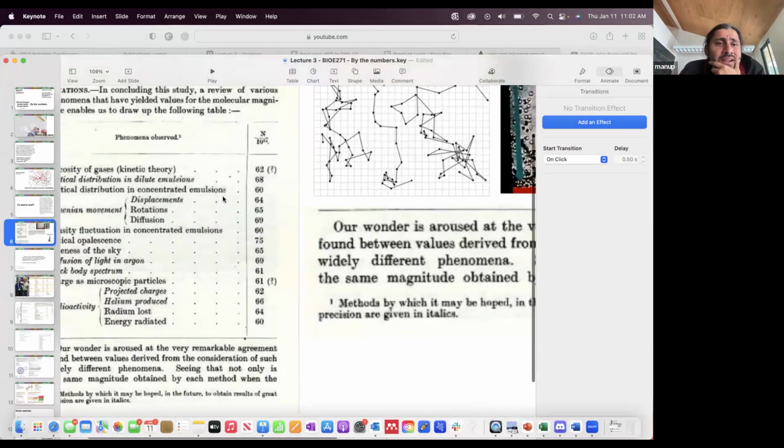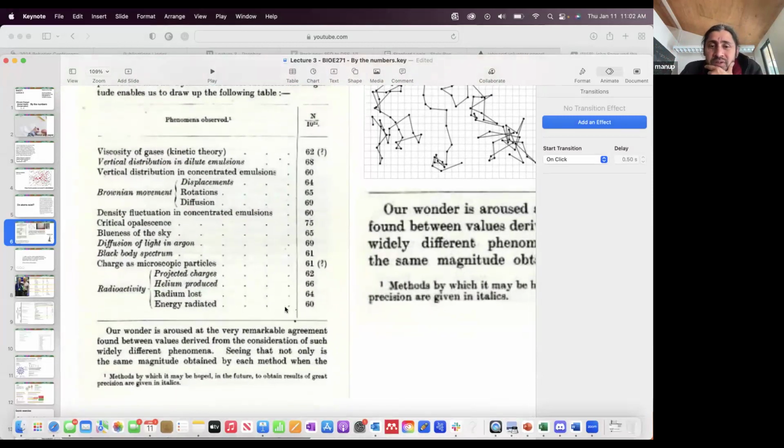What you're looking at is phenomena observed, and based on those phenomena, applying a rigorous theory to then come up with an estimate of what the Avogadro number is, using completely different physical phenomena. So viscosity of gases, you can measure viscosity, which is just how goopy a fluid or a gas is.